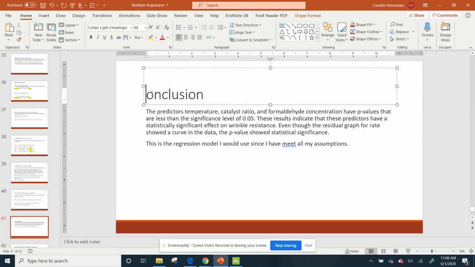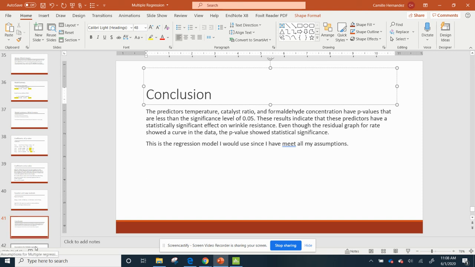The conclusion is that the temperature, catalyst ratio, and formaldehyde concentration have p-values that are less than the level of significance. These results indicate that these predictors have a statistically significant effect on wrinkle resistance. Even though the residual graph of ratio still had a curve in it, the p-value showed statistical significance. This is the regression model I would use since it met all my assumptions.